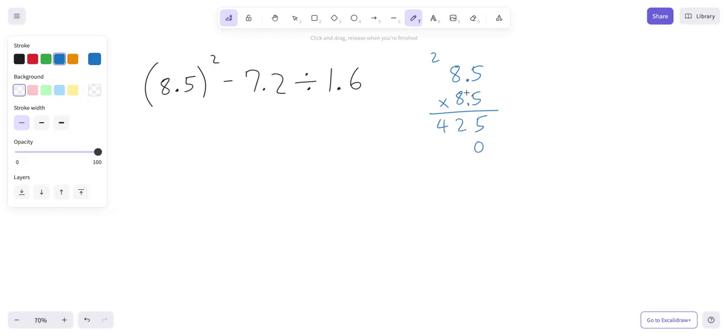Add a 0. 5 times 8 is 40. 8 times 8 is 64. Plus 4 is 68. 5, 2, 12, and 7. Again with 2 decimal points. So this becomes 72.25.